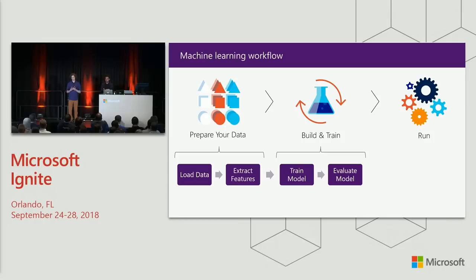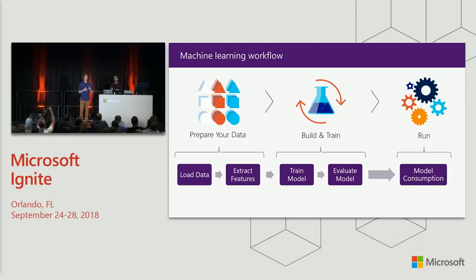And then we want to evaluate it. We want to understand, is this model actually good? When a new comment comes in, are we actually going to predict whether it's a personal attack correctly or not? If we're happy with the performance of the model, we can then actually start consuming it in our app. So this could be a completely separate app where we just took the model that we created and started using it to make predictions.